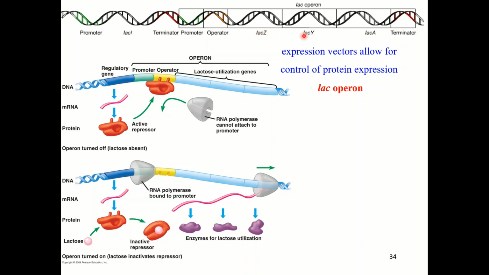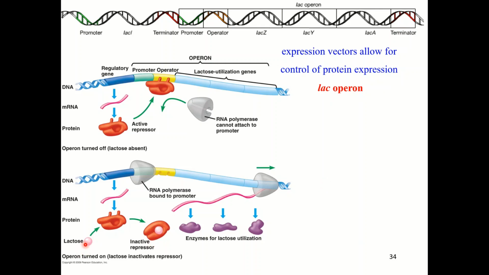So LAC-Z, LAC-Y, and LAC-A can't be expressed. I should mention here that the LAC-I gene encodes this repressor. The repressor is always being produced and binds to the operator, while LAC-Z, LAC-Y, and LAC-A are not always produced. So this is the normal state without lactose: the operon is turned off.